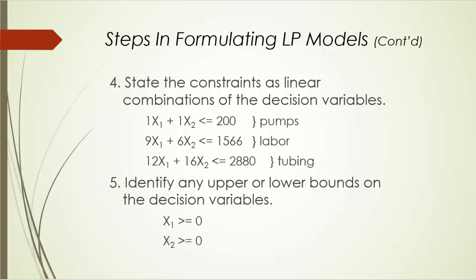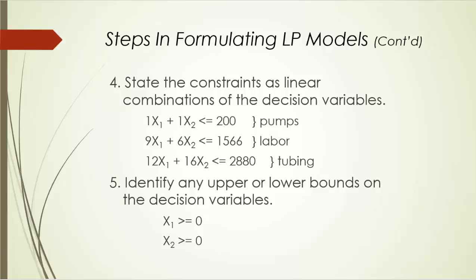So the labor constraint can be written as 9x1 plus 6x2 less than or equal to 1,566. For the tubing constraint, similarly, we have 12x1 plus 16x2 less than or equal to 2880.